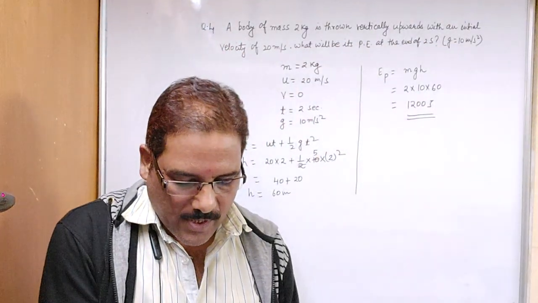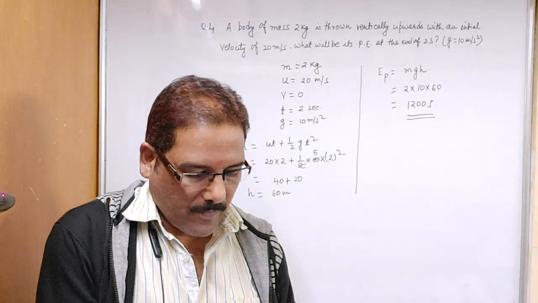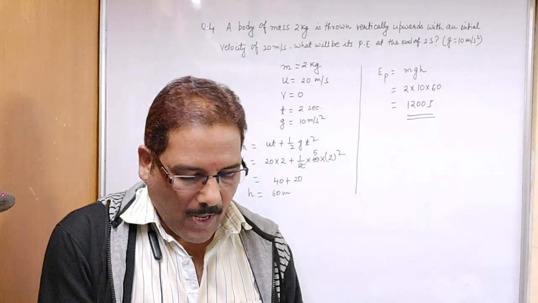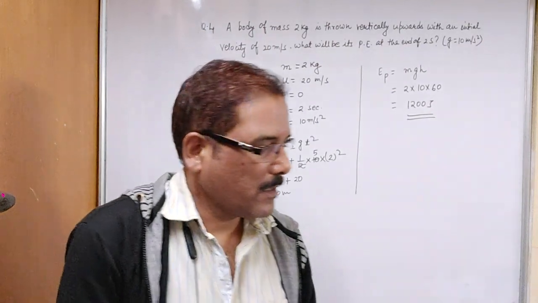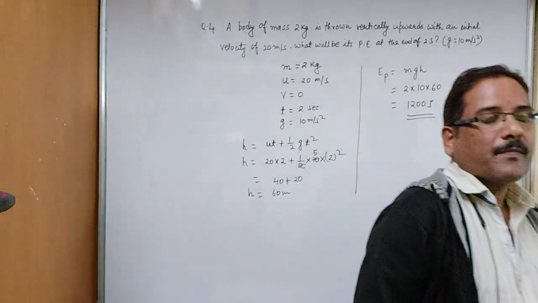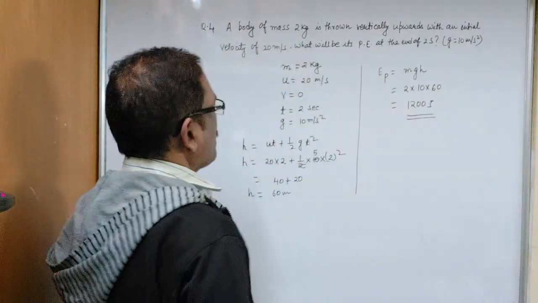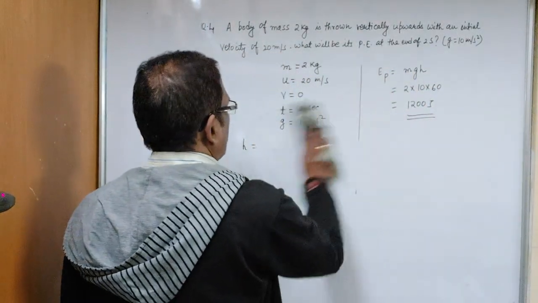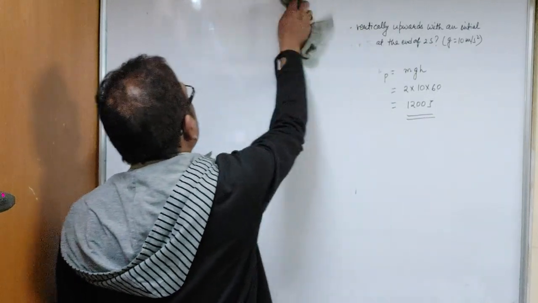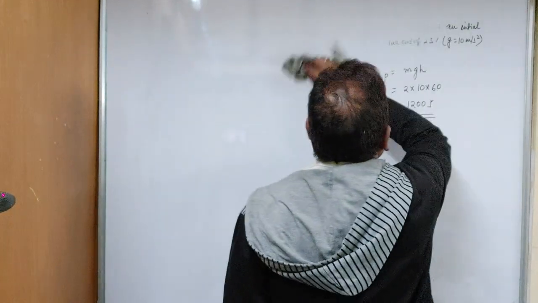Some more questions are left. So I will discuss these questions in the next class, but you must remember all the formulas which are very important to solve the numerical problems.